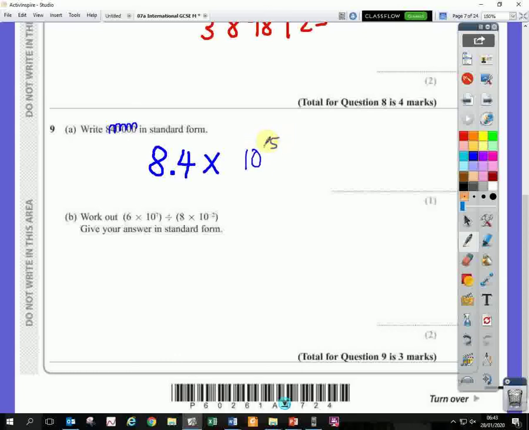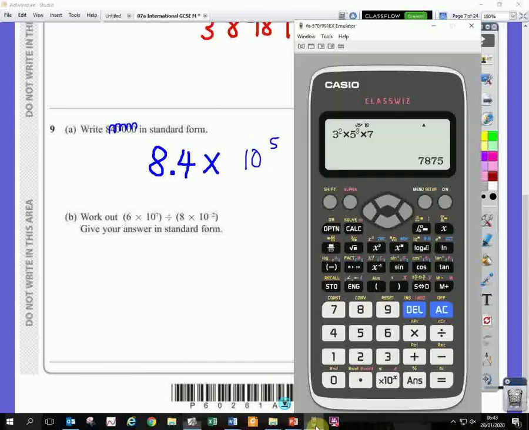To be honest, there's no excuse for getting this question wrong, because you can check it on the calculator. There is a way to set your calculator into standard form mode. If we type in 840,000 and press equals, it just comes up as 840,000.